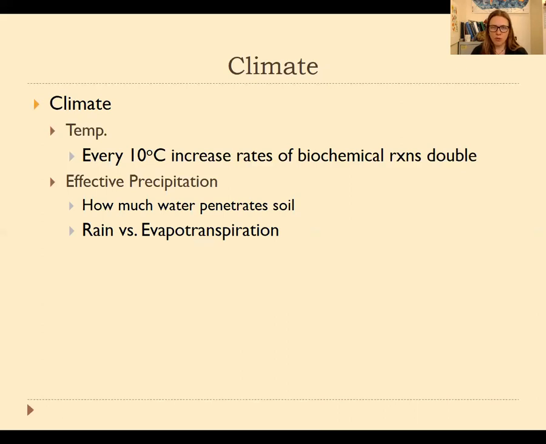So another term you may or may not have heard of before is evapotranspiration. And evapotranspiration is basically a combination of the amount of water that's evaporated off the surface. So if you have water that kind of pools up in a puddle on the surface and then it evaporates from there, that would of course not end up being effective precipitation.